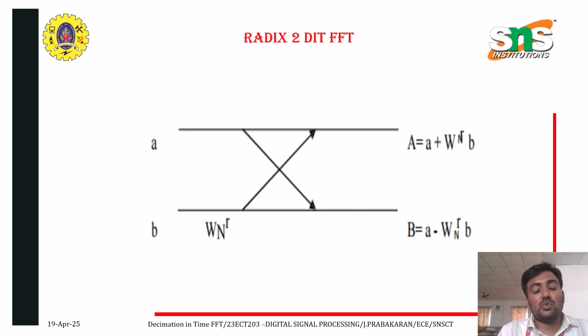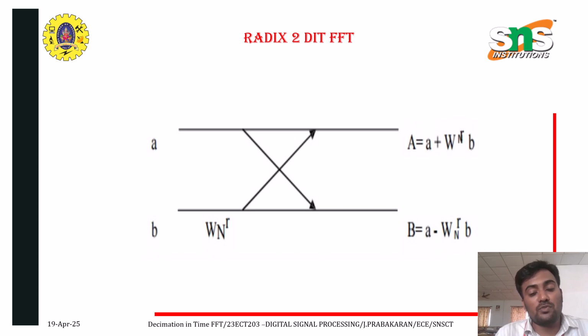The twiddle factor is used to combine the two inputs. Capital N is the length of the sequence, and small r is the index of the sequence.